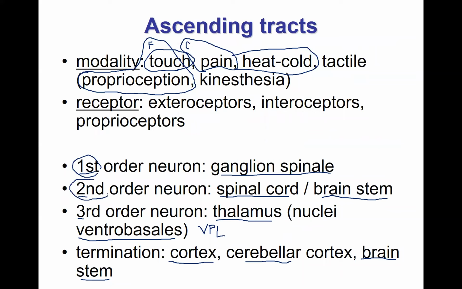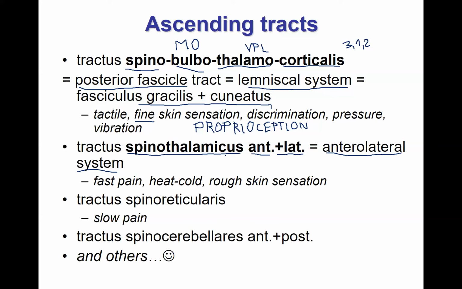From the spinal cord here, where is the second order neuron? Directly to thalamus, where is the third order neuron? Yeah, to the VPL. So spinothalamic tract comes to the VPL, and then to area 312.